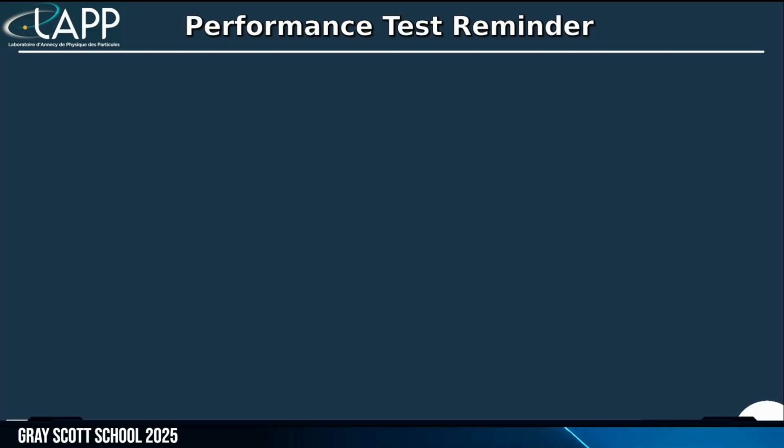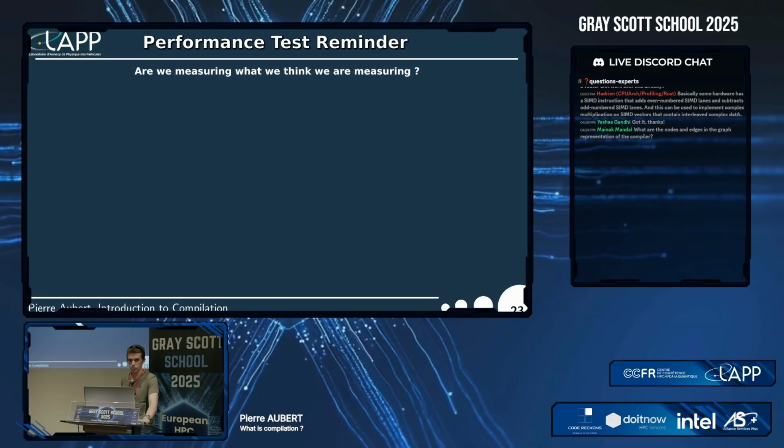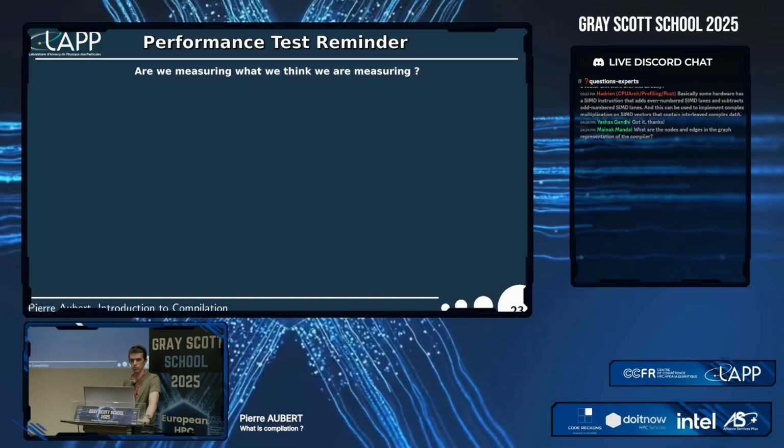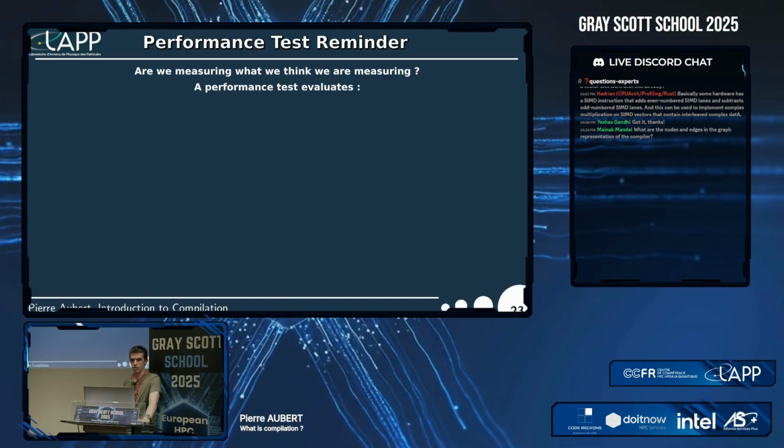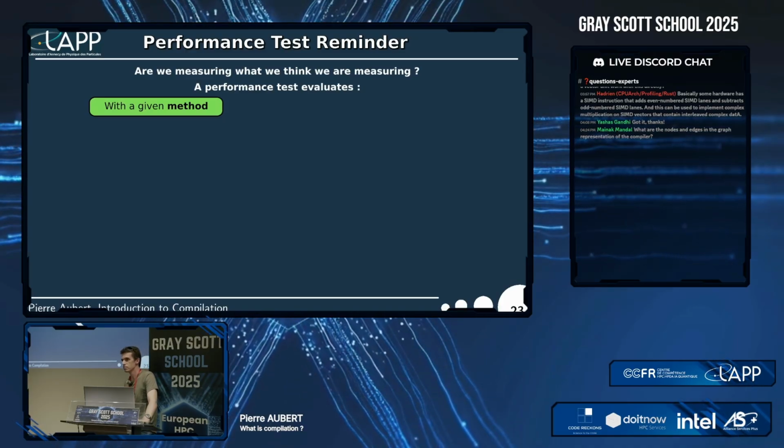So some reminder, I'm pretty sure that Adrien will tell that to you tomorrow, but once you do performance tests, you have to ask yourself, are we measuring what we think we are measuring? Because there are a lot of factors in it. So once you do a performance test, you evaluate with a given method.